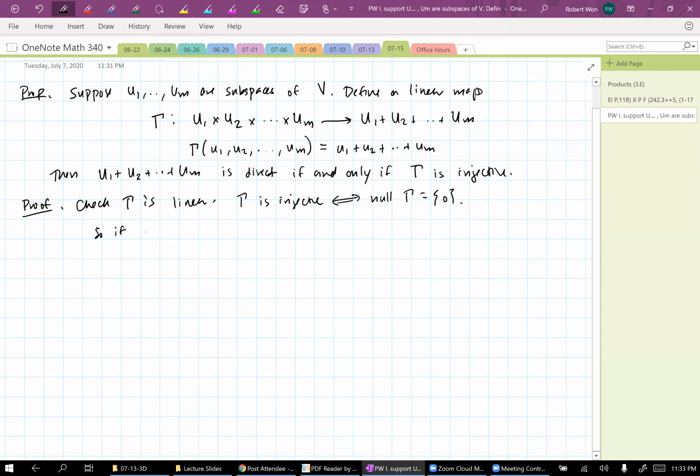So if u1 + u2 + ... + um = 0, this implies that each ui is the 0 vector. Maybe I'll put an if and only if on this whole statement. To say that the null space is trivial means that if something adds up to 0, in other words, if gamma of (u1, ..., um) is 0, then the thing that you plug in was 0. In other words, all of the u's are 0.